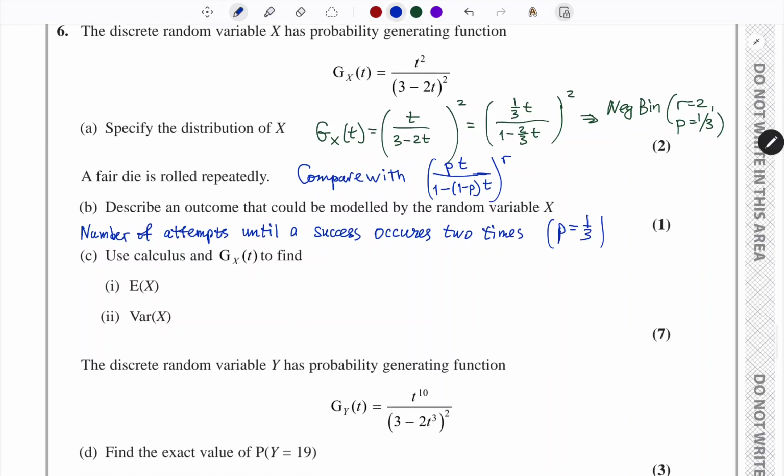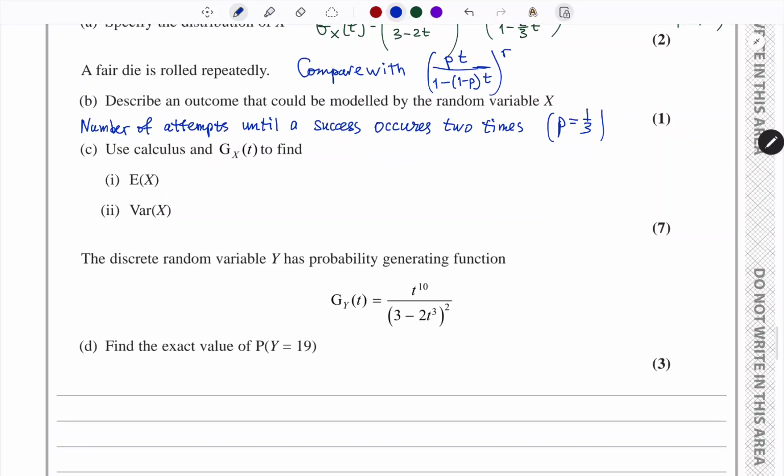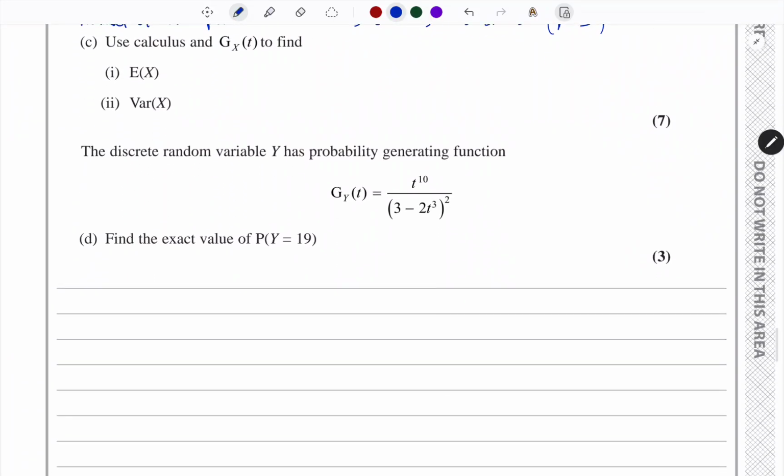Yep. So use calculus and probability generating function to find expected value of x and variance of x. Okay, I think it will take more space.